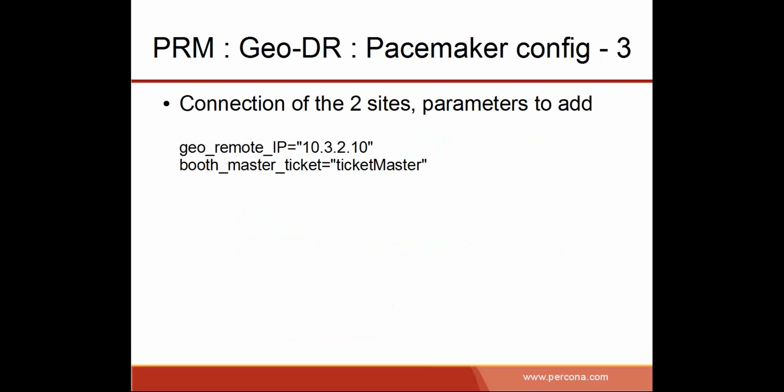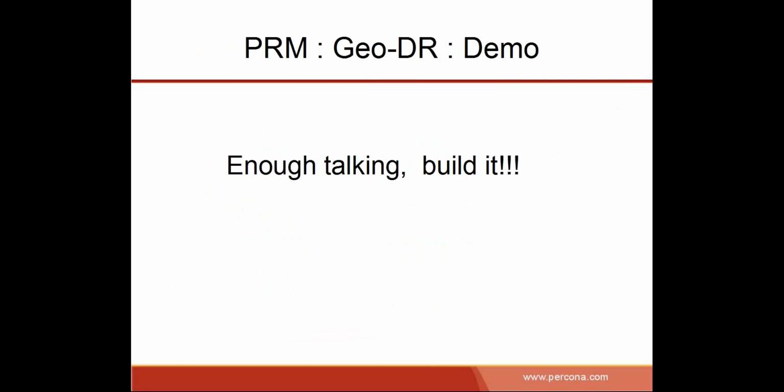One is the geo remote IP, which basically tells the agent, if you want to see what's happening on the remote network, connect to this IP over SSH and query. And if you want to check if you're the master, look if you have the ticket master. So that's basically to determine if a site is in a master position and react accordingly.